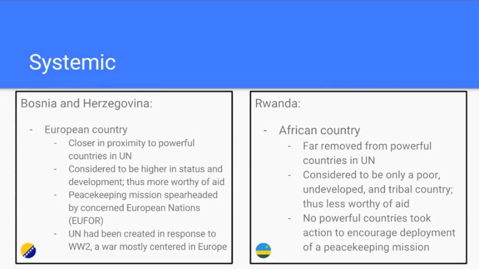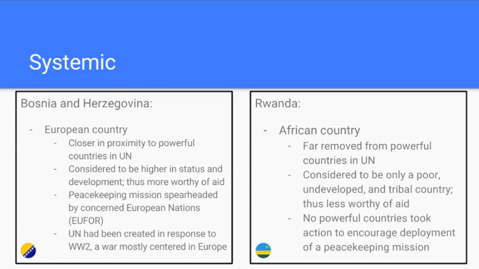Looking at this at a systemic level, for Bosnia and Herzegovina, I believe that it really comes down to the fact that they are a European country while Rwanda is not. It's an African country. European countries are much closer in proximity to powerful countries in the UN: Germany, France, the UK, Italy, all these big countries, even Russia, a P5 nation, in addition to France and the UK.